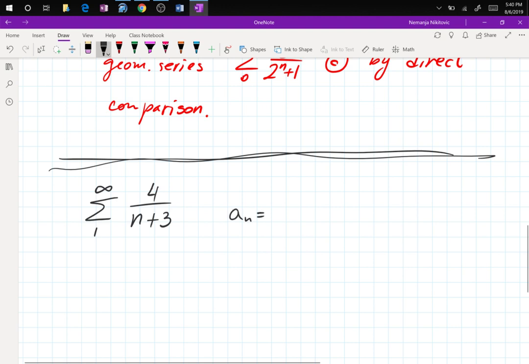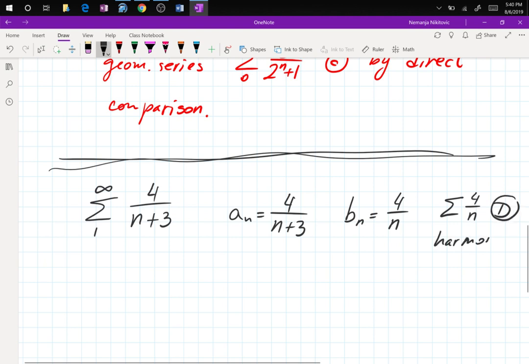So my an is 4 over n plus 3, and I pick bn to be, let's say, 4 over n. We know that summation of 4 over n is going to diverge because it's harmonic series. We learned yesterday that harmonic series a over n diverges. That's what we learned last class.